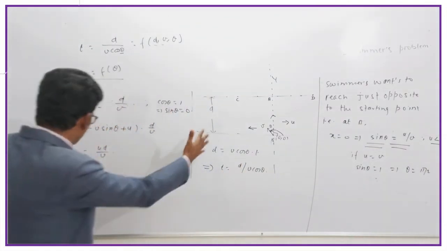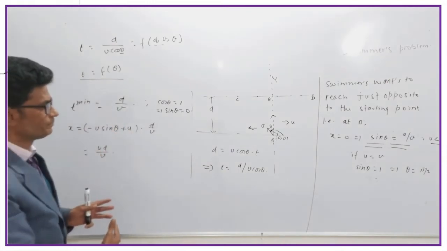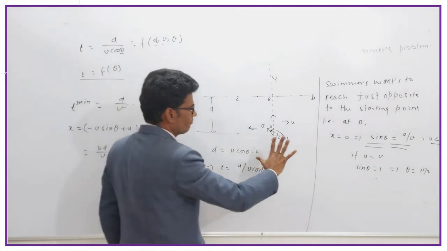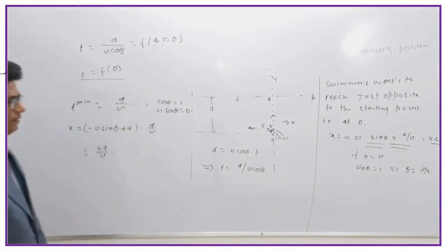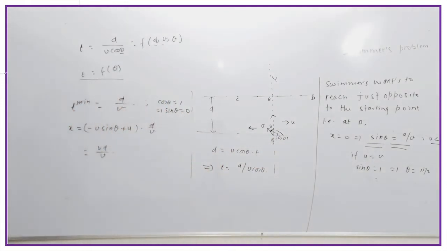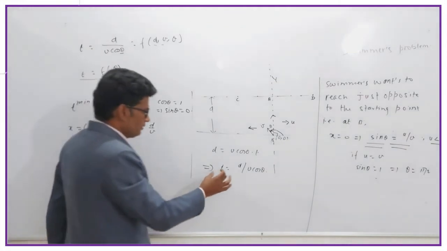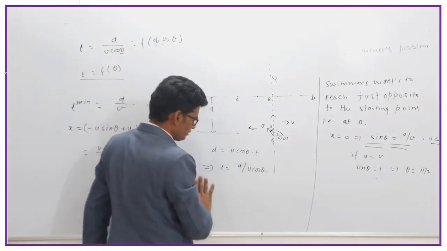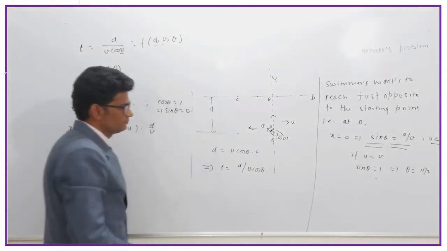So this is the case, the drift and the minimum time. Look at right now here. T is equal to d over v cos theta. So this is the time function.